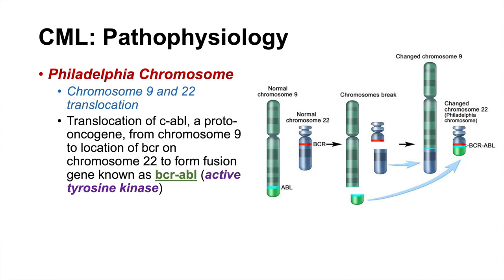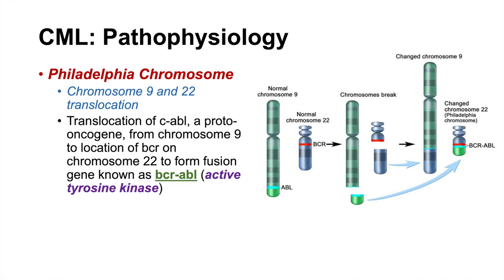After the chromosomes swap pieces with each other, we get a changed chromosome 22, what we call a Philadelphia chromosome, with the genes BCR and Abl next to each other. This leads to the formation of a fusion gene known as BCR-Abl, which produces a new protein, also called BCR-Abl. The problem with this protein is that it is an active tyrosine kinase.